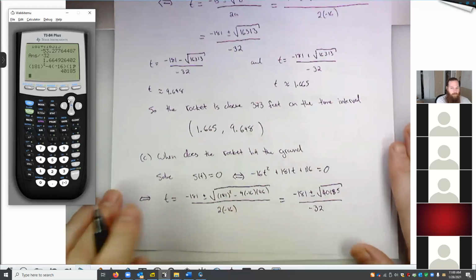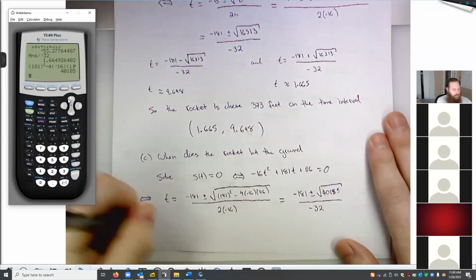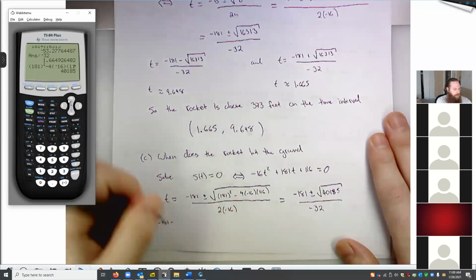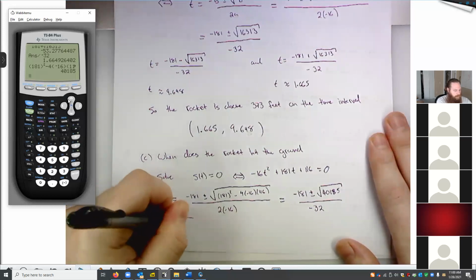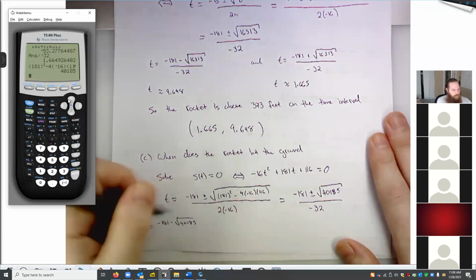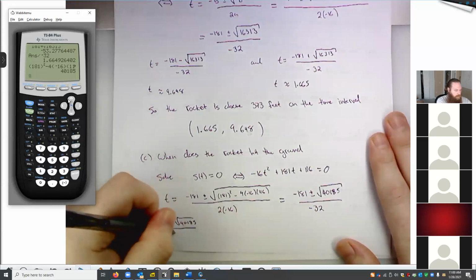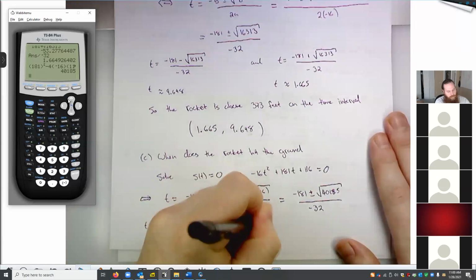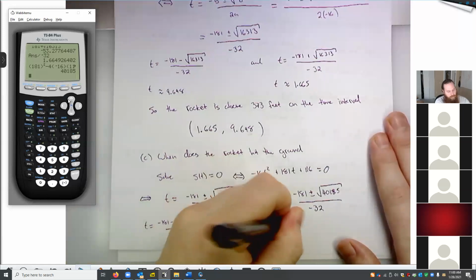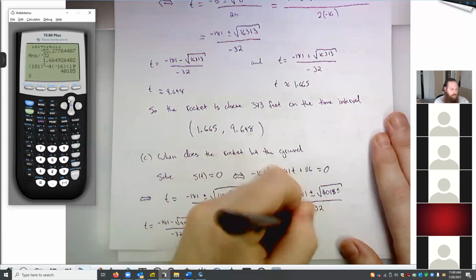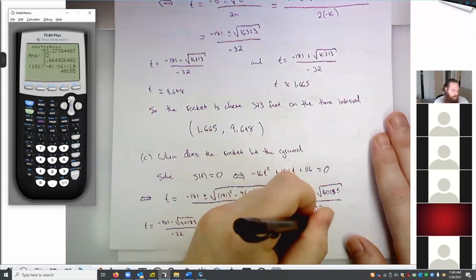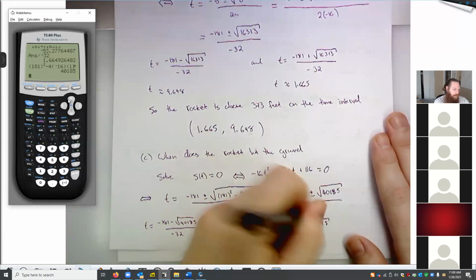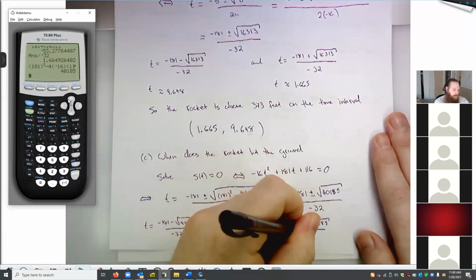And again, I'm going to have two solutions. Negative 181 minus that square root of 40185 over negative 32, and t equals negative 181 plus this square root all over negative 32.